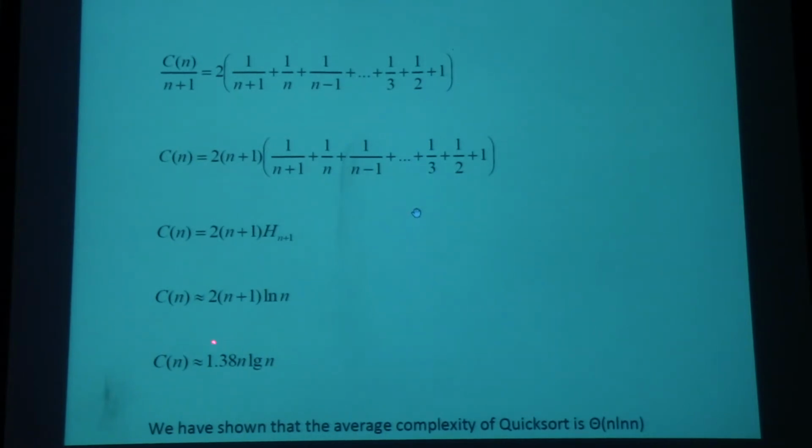What is 1.38 n log n represent? The sum of all the depths. So if I divide it by n, 1.38 log n will represent what? The average depth. So the average depth of a node is going to be 1.38 log n.